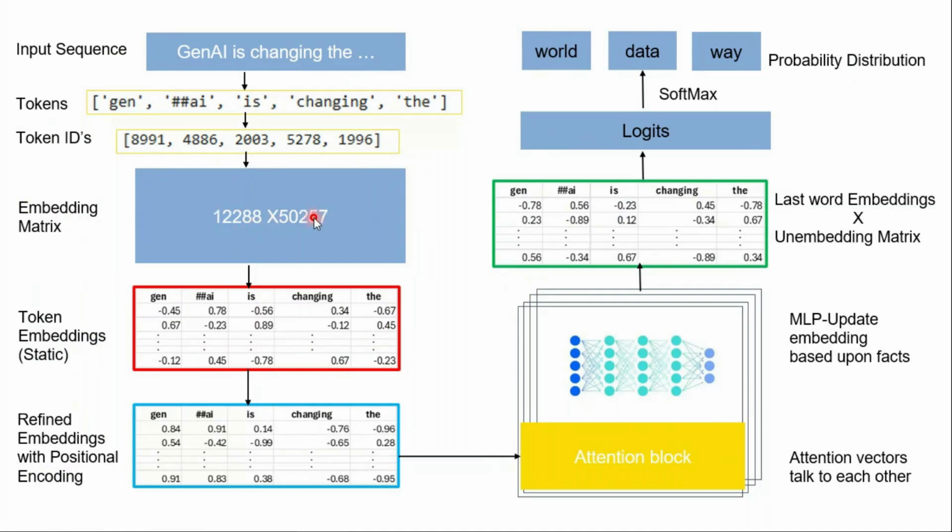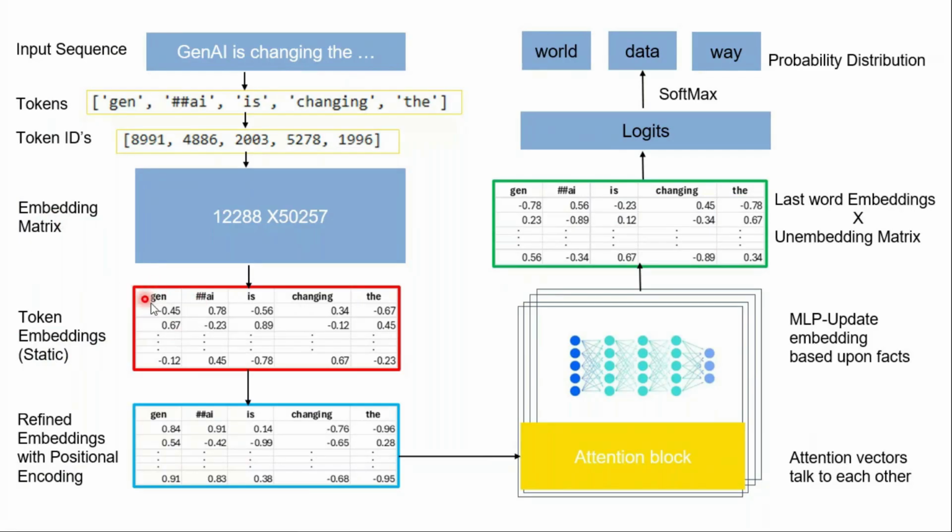If we have 50,257, these are the total tokens in GPT-3, and 12288 is the embedding size. If we multiply them, we get the embedding matrix.